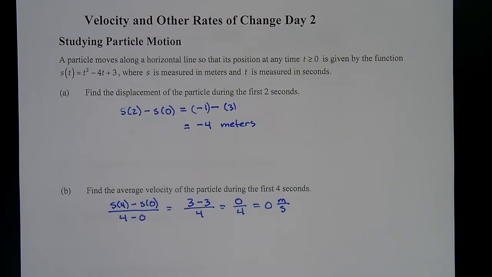It doesn't mean you didn't travel any, and you didn't move. It could mean that, but it doesn't have to mean that. That's what I'm trying to get at. What it means is that you went an equal amount with positive velocity and negative velocity that canceled each other out, and you got 0, okay?